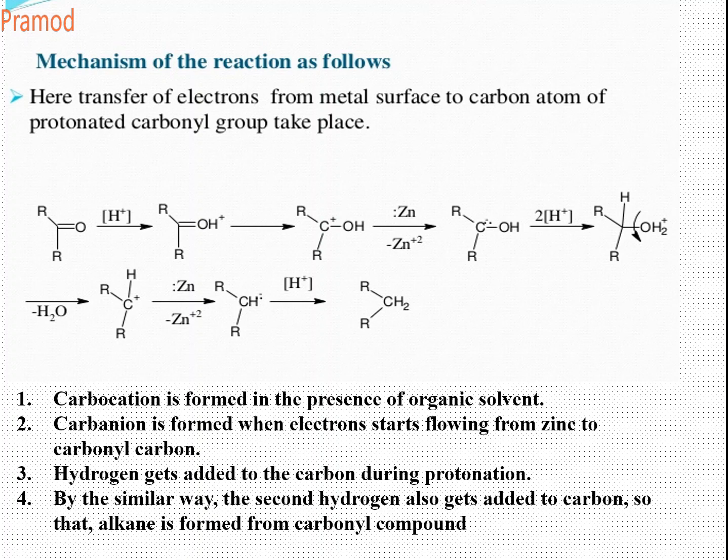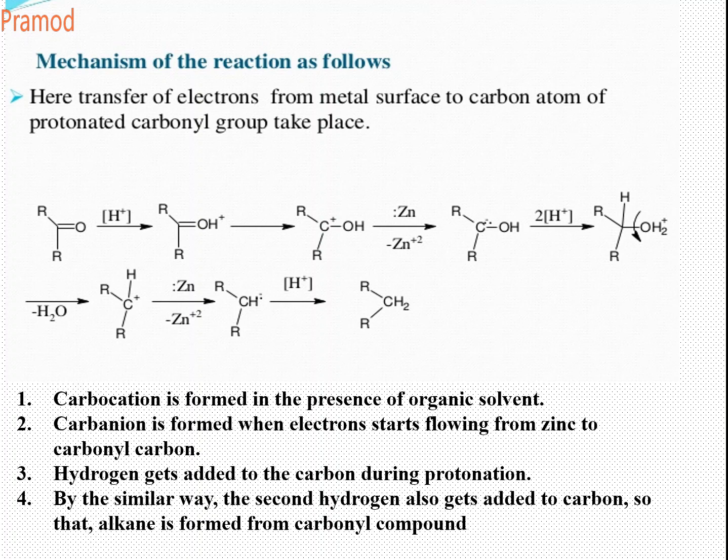Okay. So what is the step? First step is protonation. Okay. Protonation of your carbonyl group to give the carbocation. There is a rearrangement, a tautomerism where the electron goes to your oxygen and you form a carbocation. Now this carbocation gets attacked by your zinc. The zinc gives away the 2 electrons to form a carbanion.